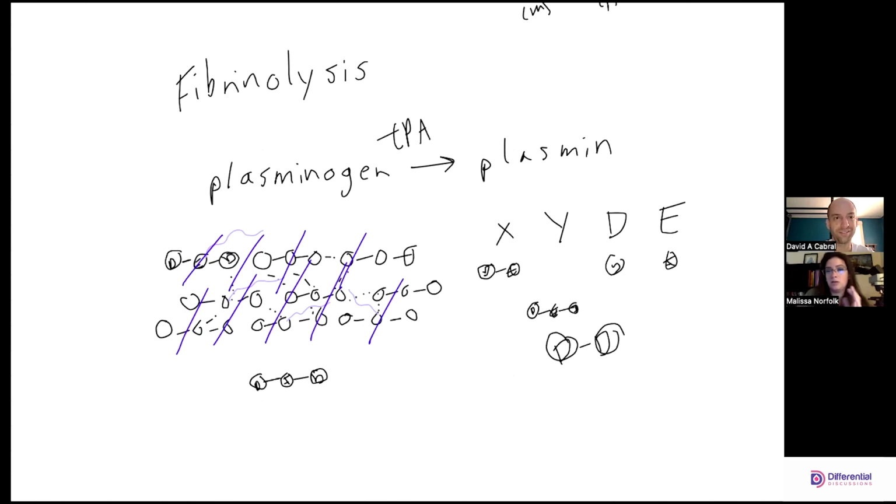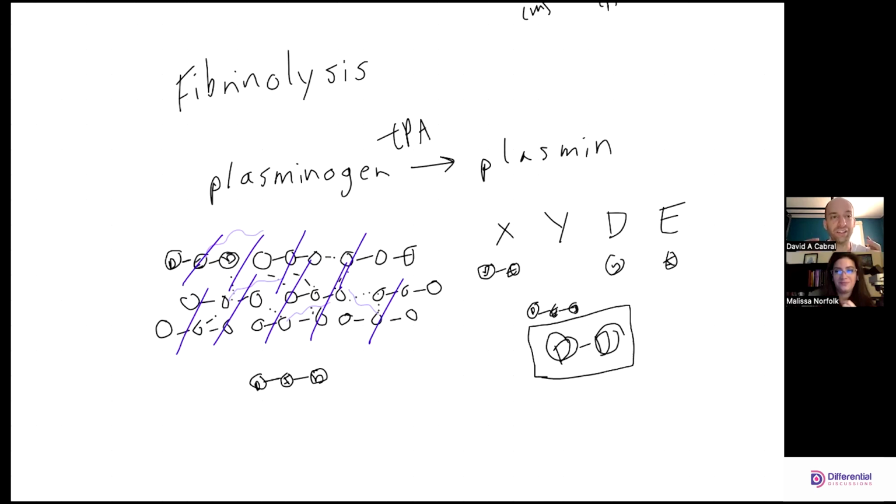All of these pieces are perfectly capable of being found if you're just breaking down fibrin, or even if you're breaking down fibrinogen. But this DD piece, can you naturally find D and D covalently bound together circulating if coagulation has not occurred, right? So coagulation has to occur in order to get two D domains bound together.